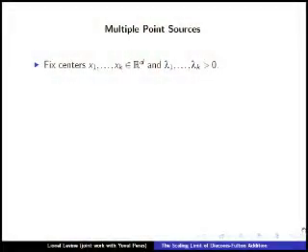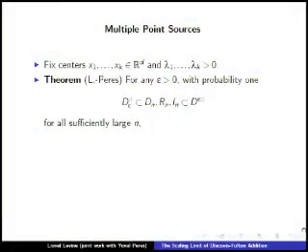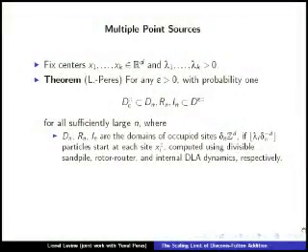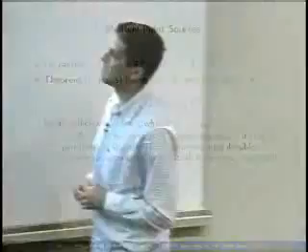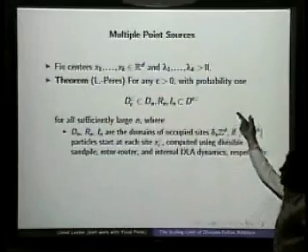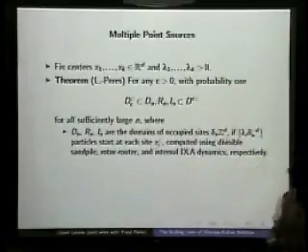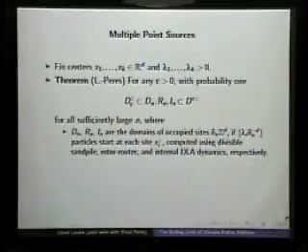So let's fix some finite set of points x_1 through x_k in R^d and some positive real numbers, lambda_1 through lambda_k. Then we're going to run our models in the lattices delta_n Z^d. For each point x_i, let x_i^(δn) be the closest lattice point to x_i, breaking ties to the right, say.